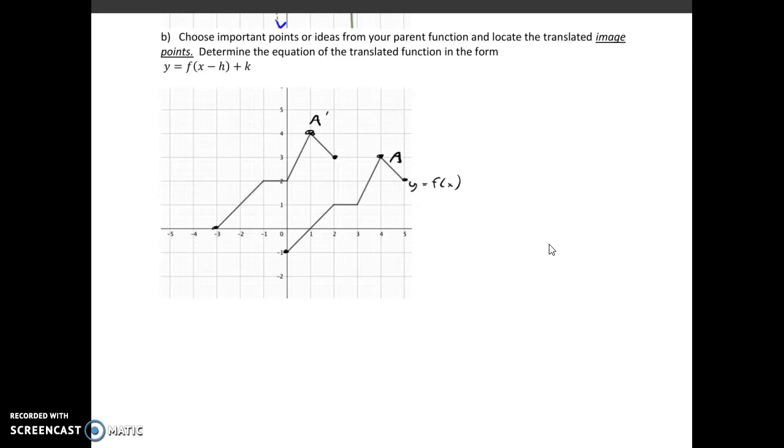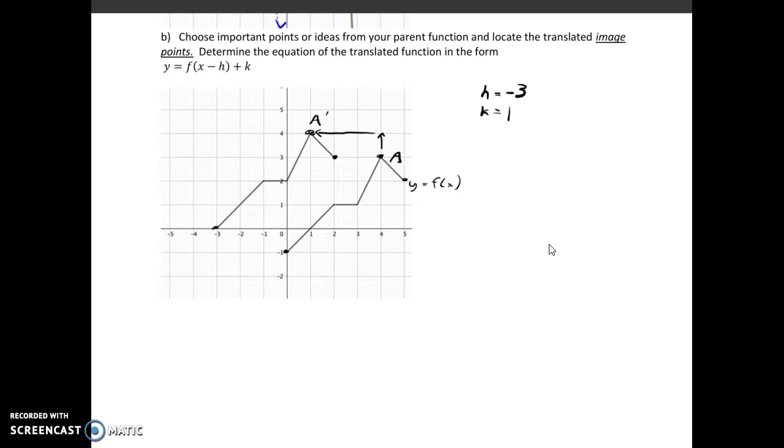A prime just simply means the transformed point. Well, I move up 1 unit, I think, right? And then I move this over that far. So up 1, over 1, 2, 3. So what I get is h, k. h, it's to the left, so it has to be -3. k is going to be moving up 1, so k is equal to 1.